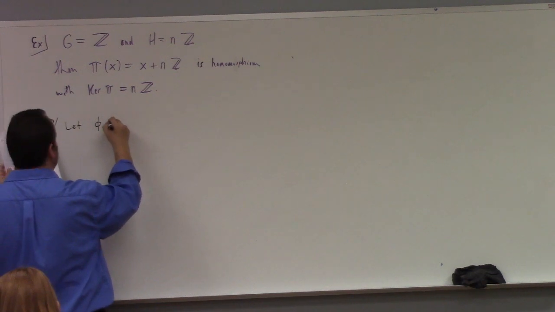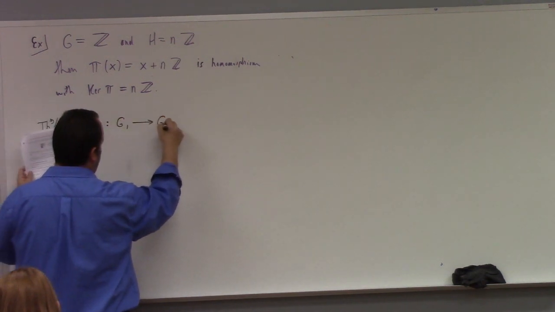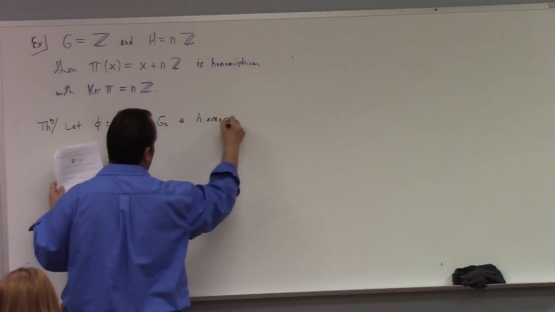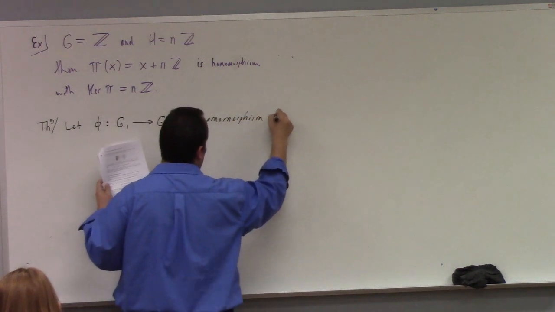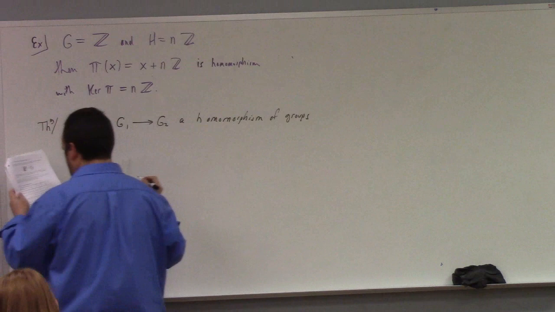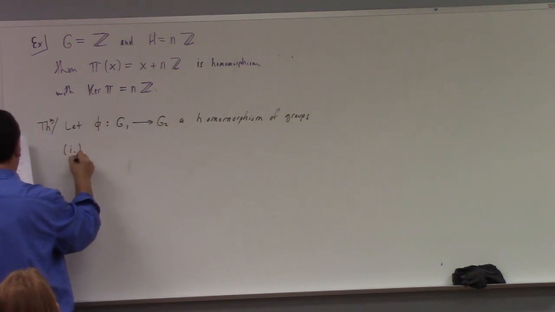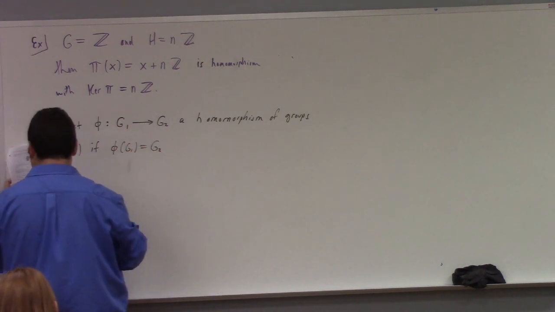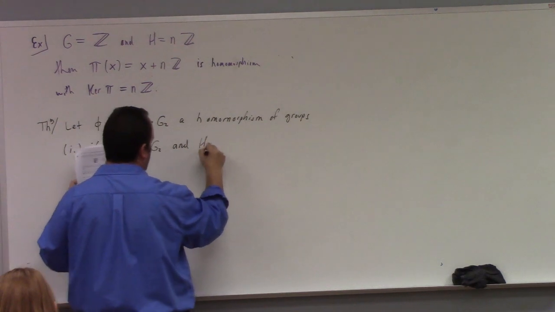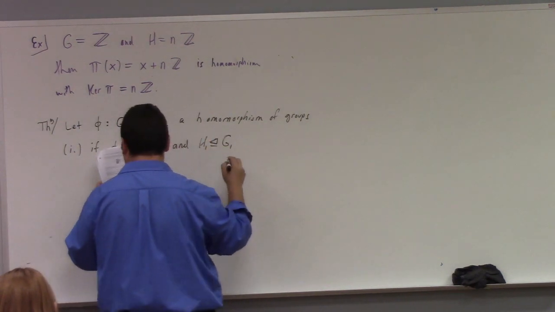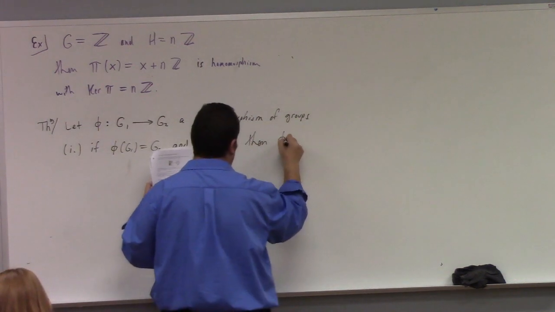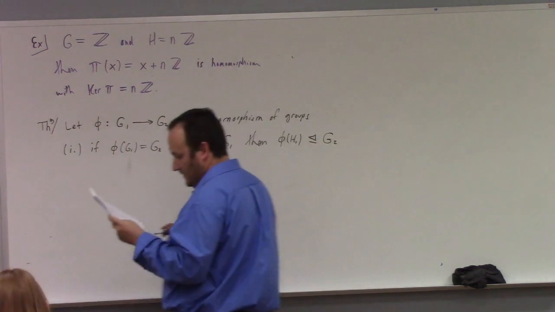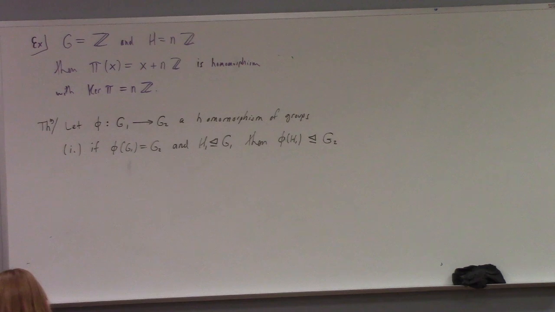You'll see why. If we have φ from G1 to G2, a homomorphism of groups, then one, if φ(G1) is equal to G2 and H1 is a normal subgroup of G1, then the image of H1, namely φ(H1), is a normal subgroup of G2. So I did have to assume that φ is a what?